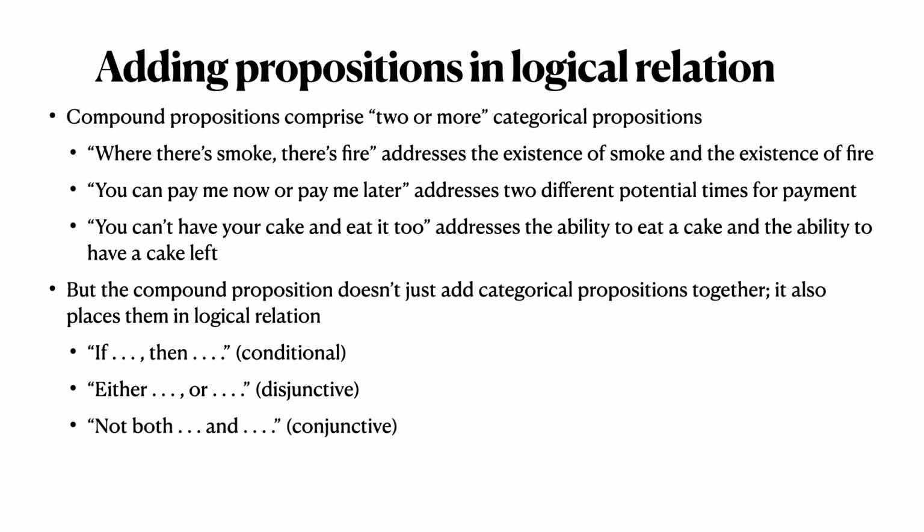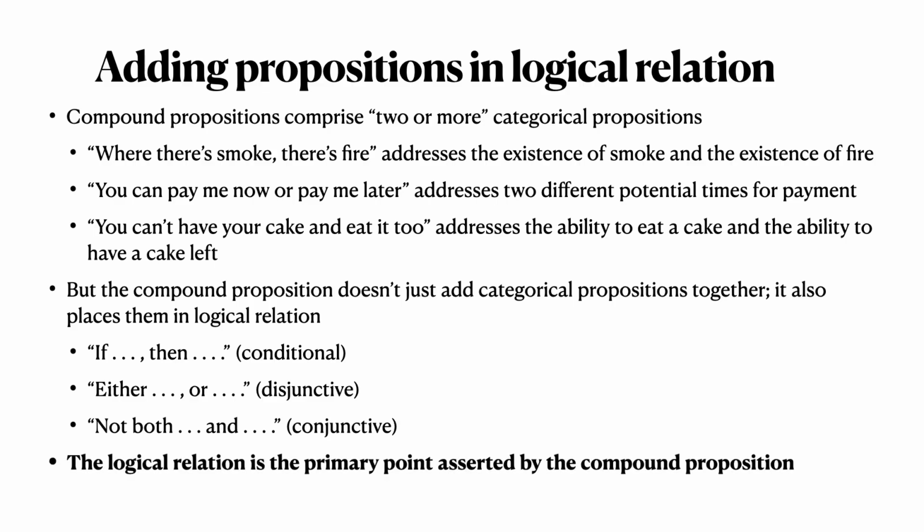You can't have your cake and eat it too is a classic example of a conjunctive proposition because it includes both possibilities. Now, usually when we use conjunctive propositions in logic, at least for conjunctive syllogisms, they're almost always negated. So you will usually see this one with a not at the beginning, not both one thing and another. That is how we usually use conjunctive propositions.